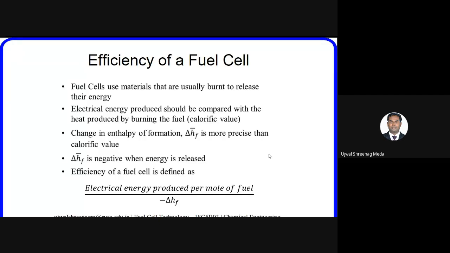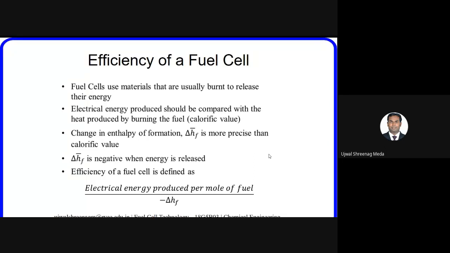To get a better picture, we considered the energy of the reactants, that is the chemical potential. So that becomes the starting point. The chemical energy of the fuel is getting converted into electrical energy. That is the very definition of the fuel cell.